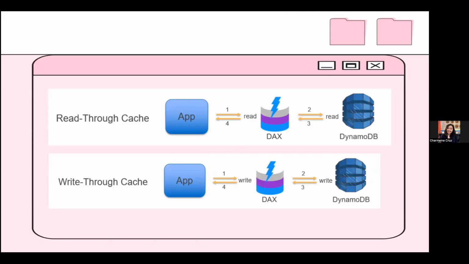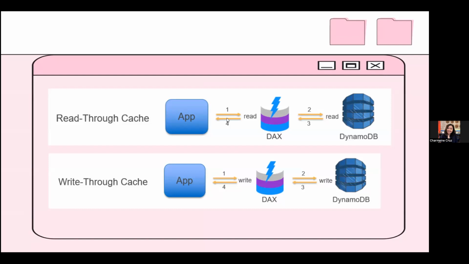So as mentioned kanina nung caching strategy natin, DAX has read-through and write-through strategy for caching. So yung main priority lang talaga is tinitreat ng application natin na ang main data store is yung cache.